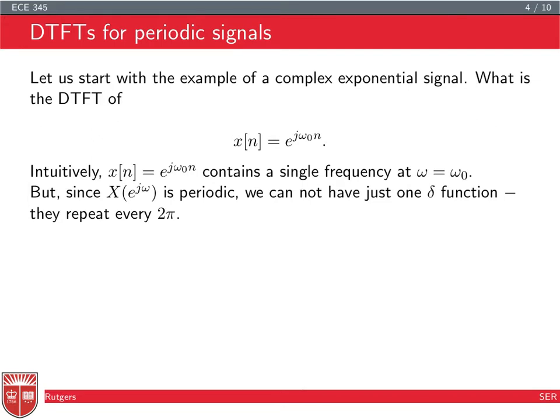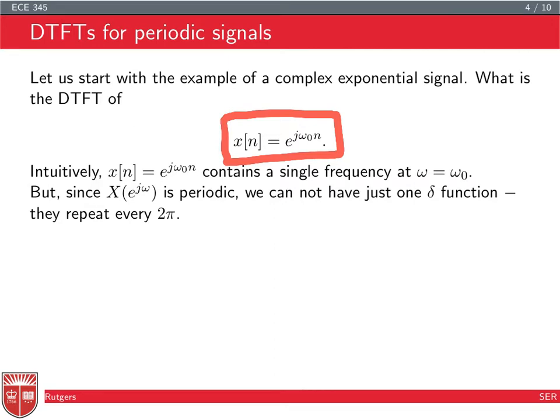Let's suppose we are interested in finding the DTFT of a complex exponential signal, which looks something like this. So x[n] is e^{jω0 n}, and this e^{jω0 n}, at least in the continuous domain, is a periodic signal.